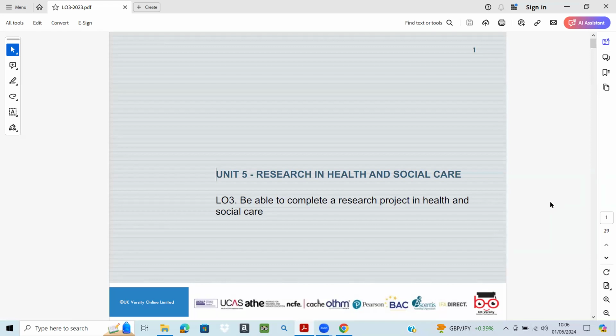Then step 4 would be designing the research methodology. You need to design the methodology you will use to answer your research question, and this will involve choosing between qualitative, quantitative, or mixed approaches, deciding on sampling method, and determining how you will collect and analyze the data.